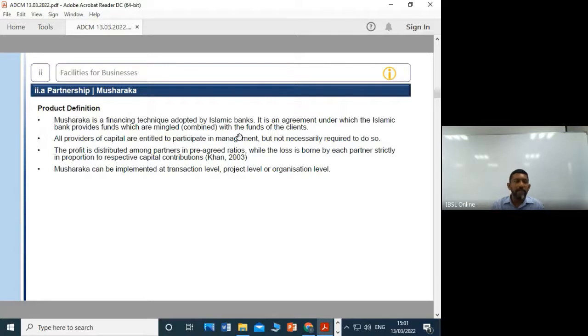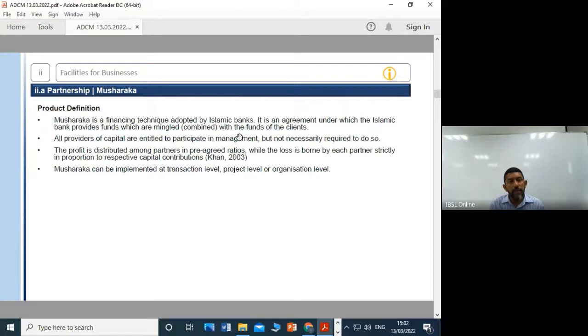In general, when we say partnership, you may think of a partnership law of 1836 or something like that. That's not the case here. Here it's a facility, a type of facility offered by Islamic banks on the principles of partnership. It will look almost like the original partnership contract, but it's a facility. It's not a legal partnership with a company, right? We will look at it in general.